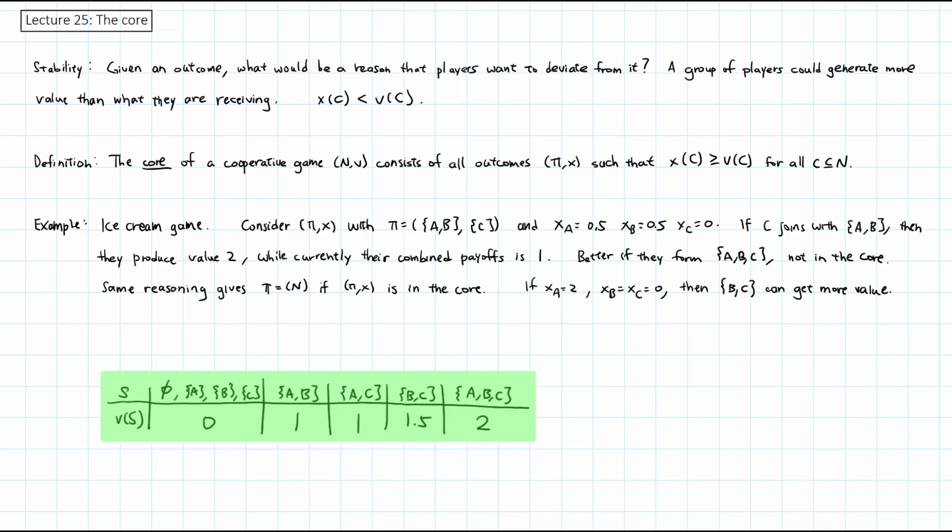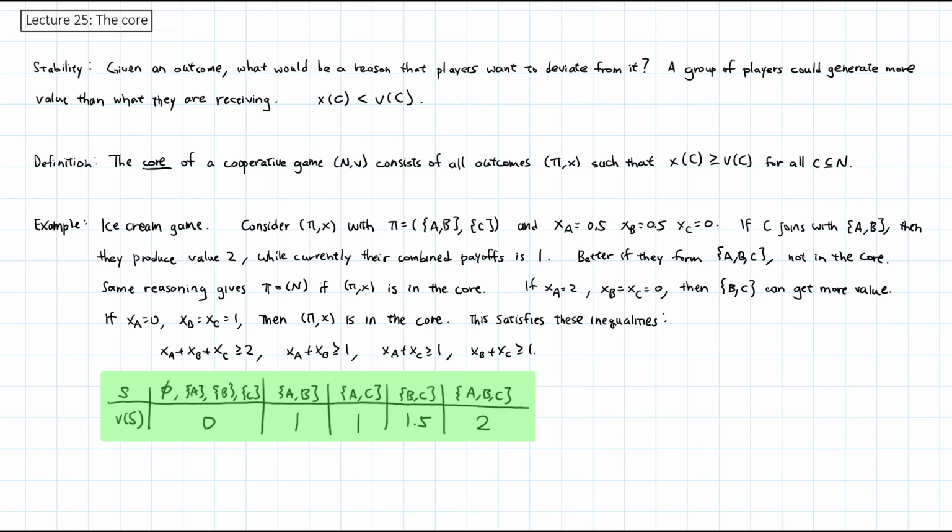But if the payoff vector is x_A is 0 and x_B and x_C are both 1, then this is in the core. We can check that they satisfy these inequalities, which have the form x(C) is greater than or equal to v(C) for each C. In fact, any valid outcome with a grand coalition where the x satisfies these inequalities would be in the core.